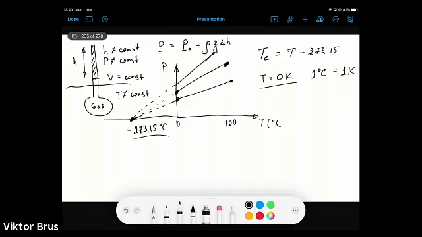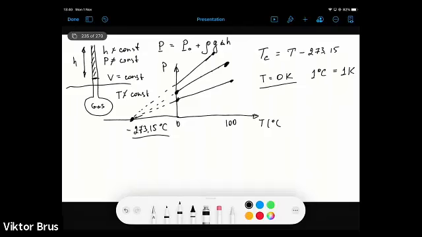So absolute temperature, we usually use quite often in physics, more often than degrees of Celsius. Moreover, there are other systems of measuring temperature for everyday use.